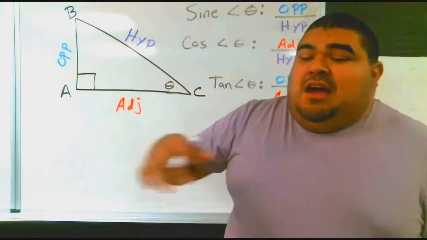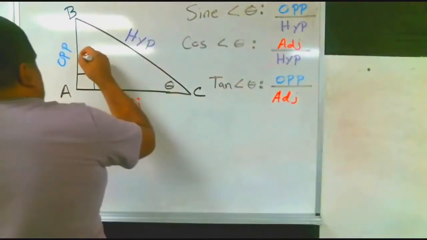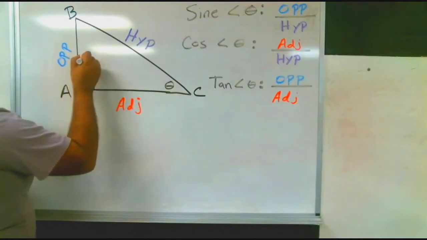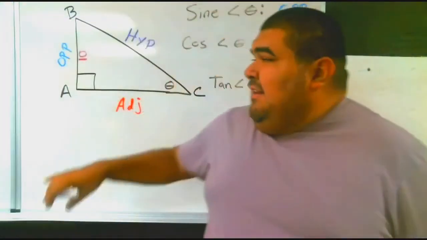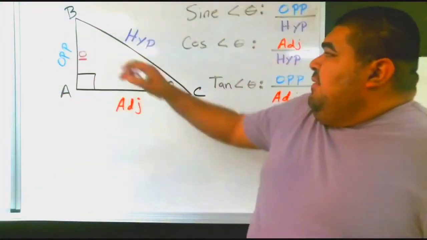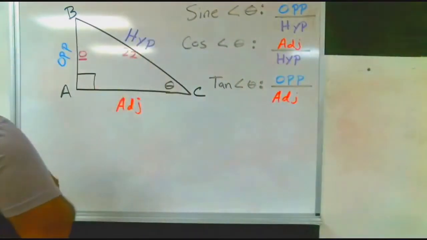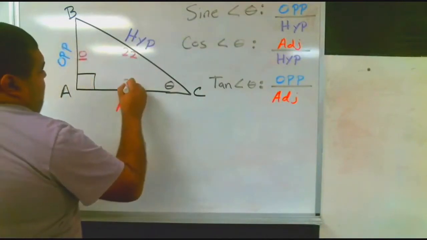If I were to say the opposite is 10, so we have 10 for the opposite, the hypotenuse is 22, and our adjacent is 2.